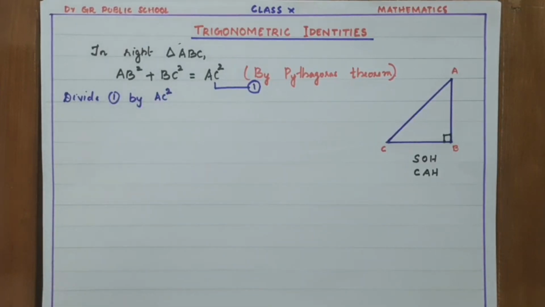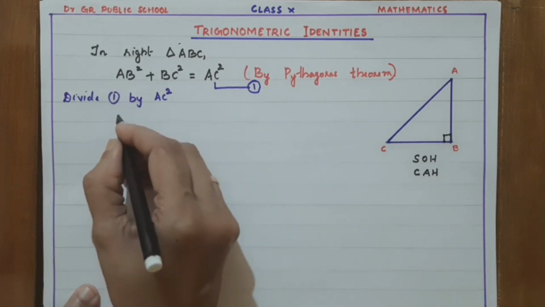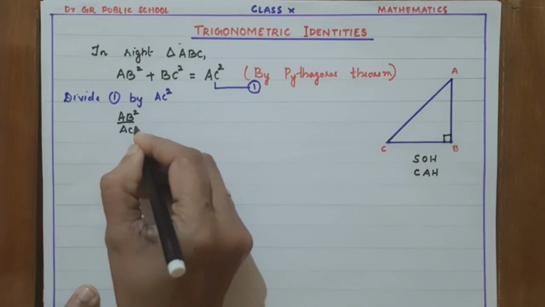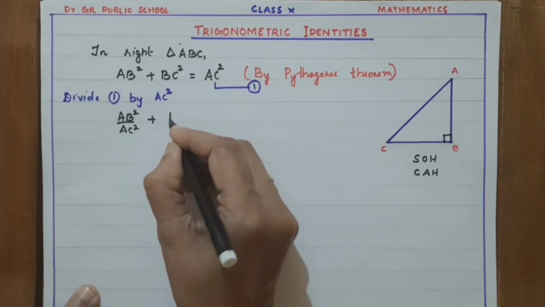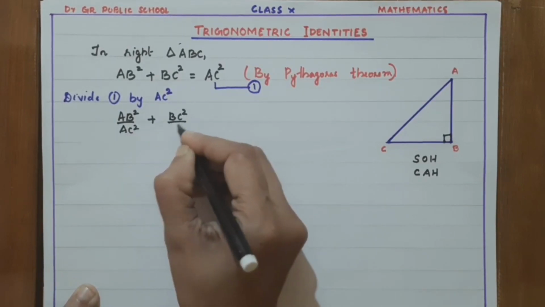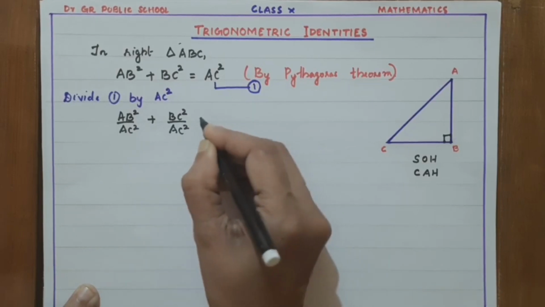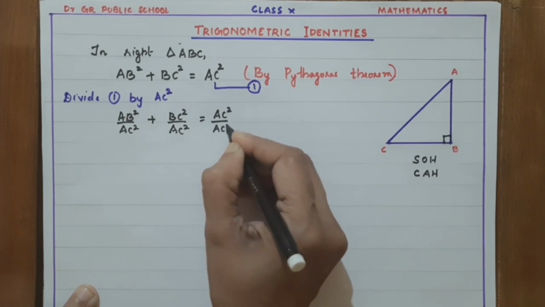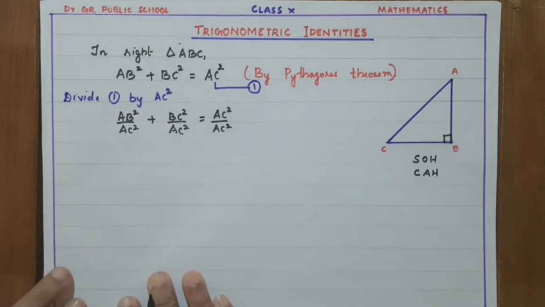So what will we get? Here AB square by AC square plus BC square by AC square equal to AC square by AC square. Okay.